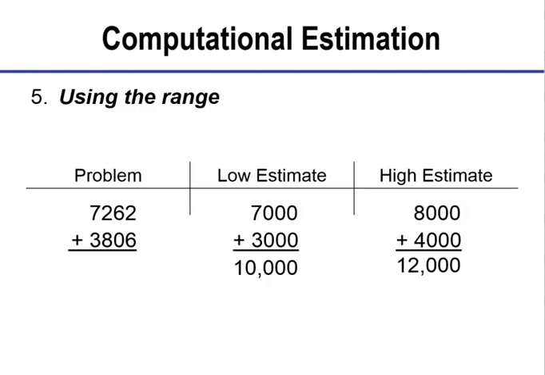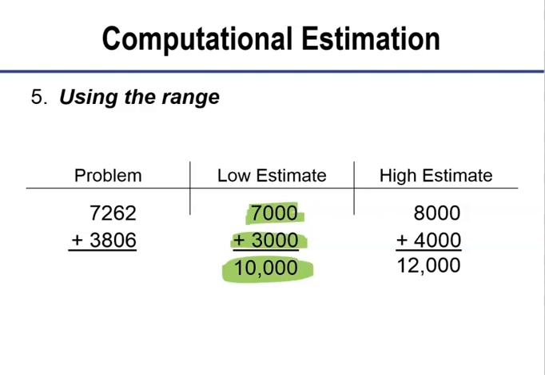And then using a range. This is also a good idea. You could round down and you could round up, and you know your answer will be between these two numbers. So 7,262, if I round down, that would be 7,000. 3,000. Now I know that rounds up to 4,000, but we're looking for a range, so we're just going to round it down to 3,000, and that's the low estimate.